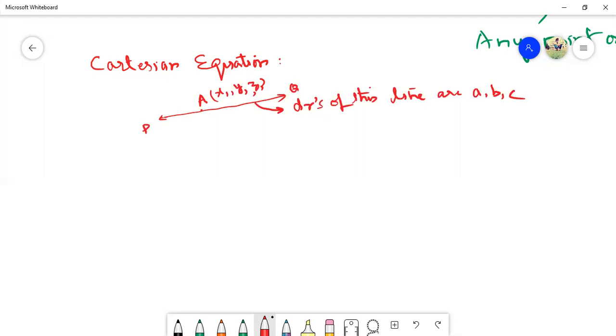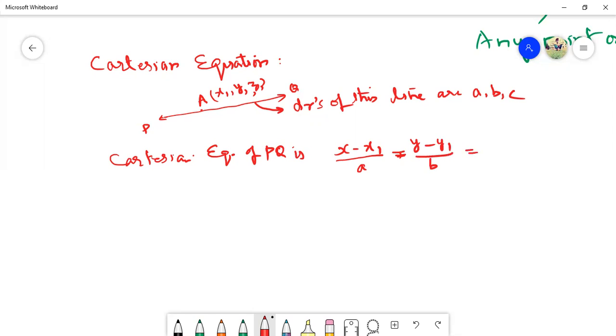So Cartesian equation of PQ will be x minus x1 divided by first DR A, equal to y minus y1 divided by b, and z minus z1 divided by c.